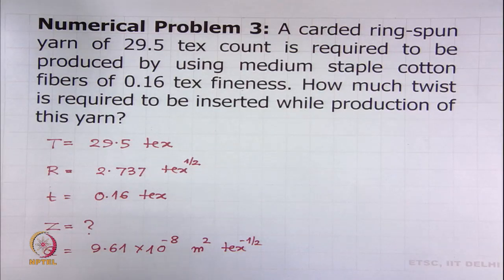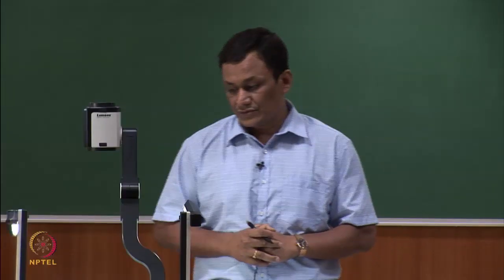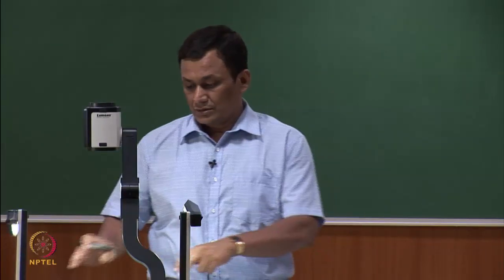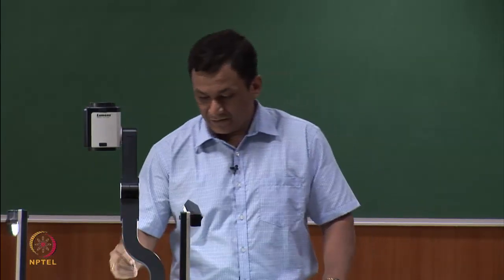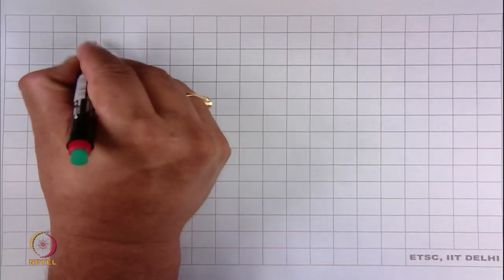So, this was the value of Q. Q is also given, you need to find out Z. So, how can we find out Z? First we have to work with this expression.